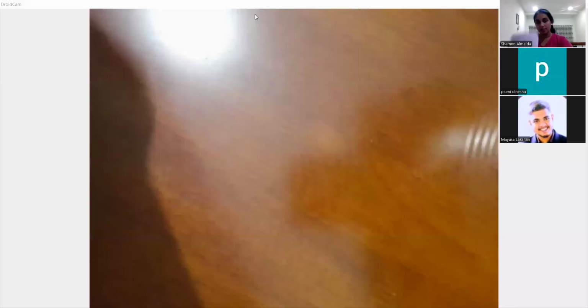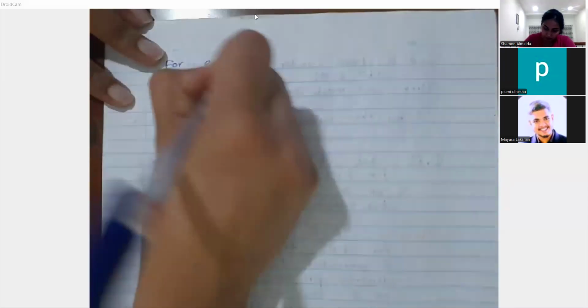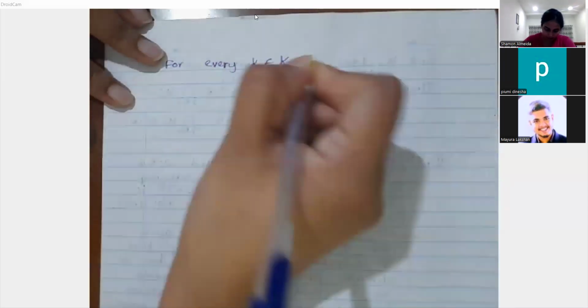Now to show that it's closed under inverses. Let's take any element k in the set K, for every element k we take from this set.